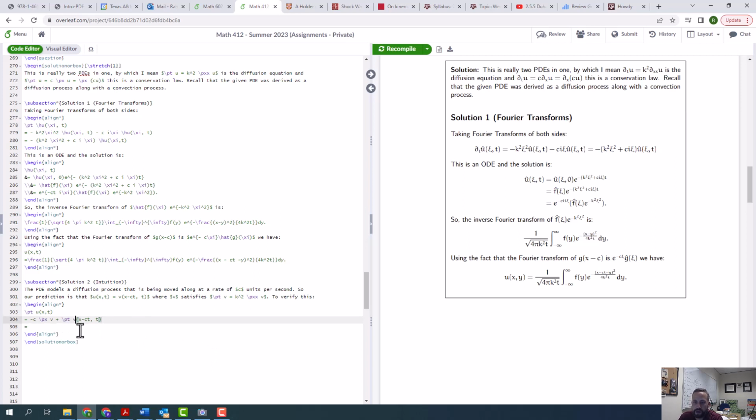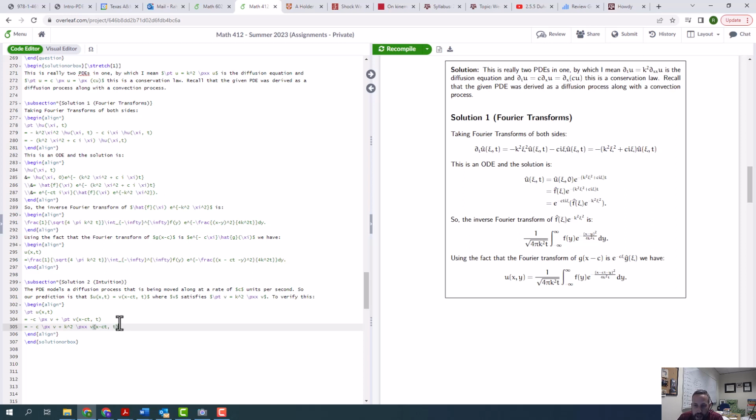No, that's right. Okay, so what is the t derivative of v? Well, the t derivative of v is just equal to k squared times the double x derivative of v. So this is equal to minus c partial x v plus k squared times the double x derivative of v. And how do we know that? Because v satisfies that equation.